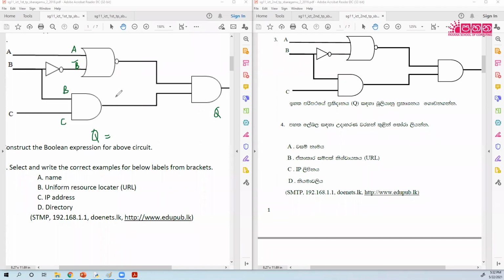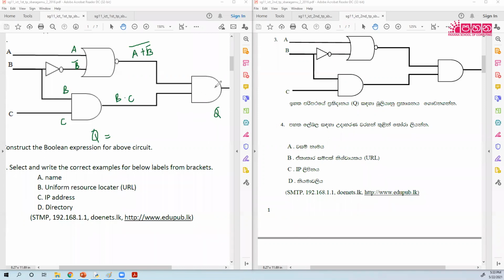So this will be B dot C. This is a NOR gate, that means A plus B bar. You have to put the whole bar here.